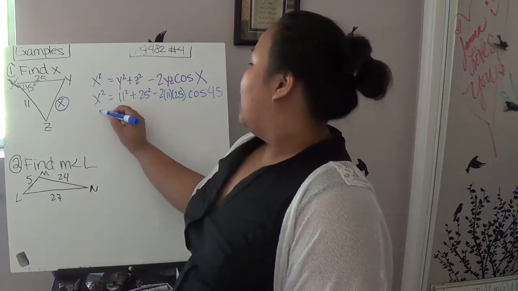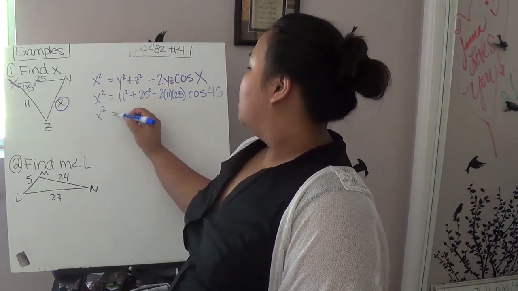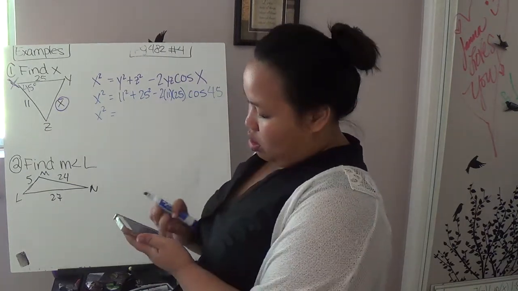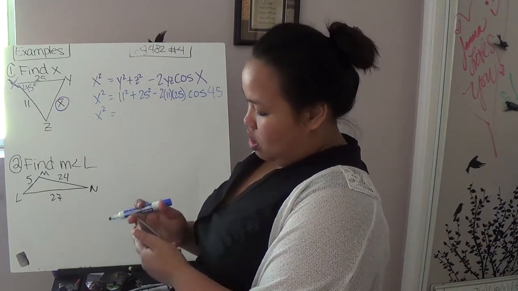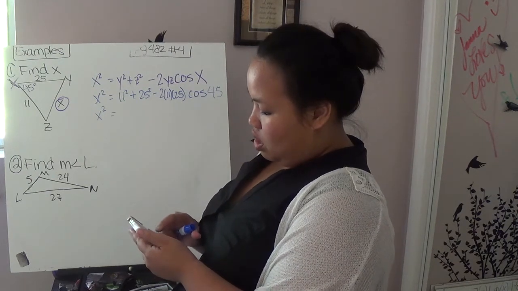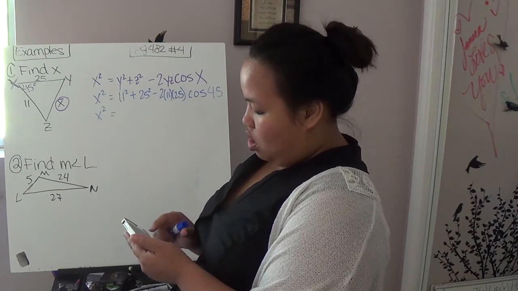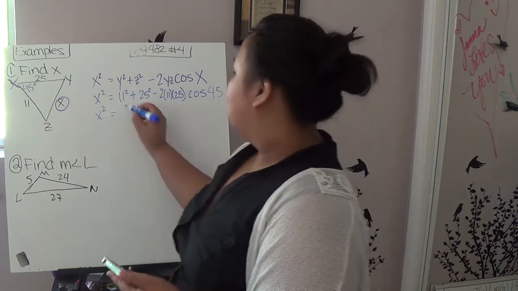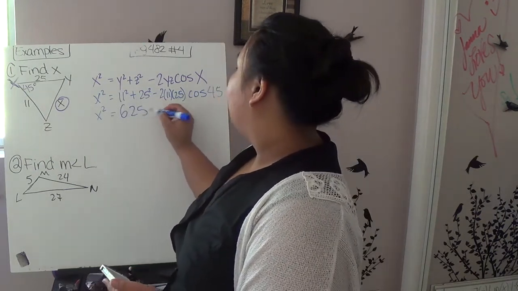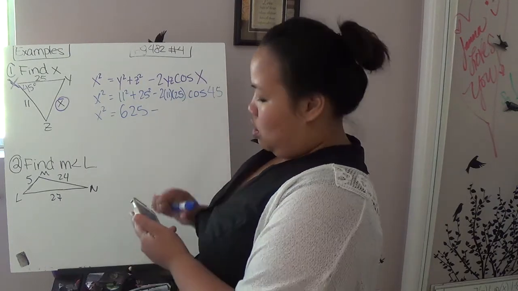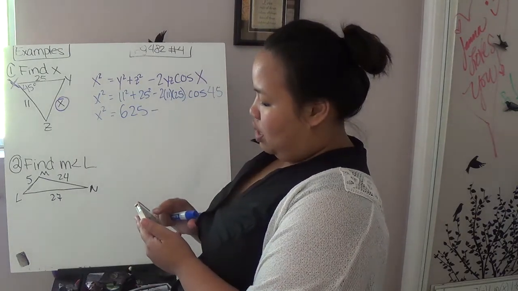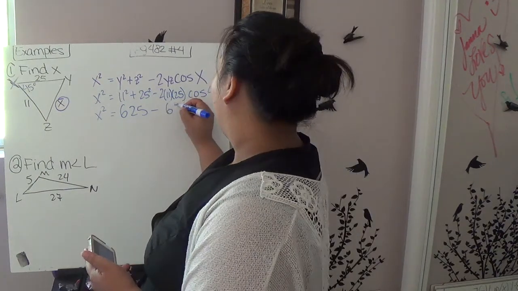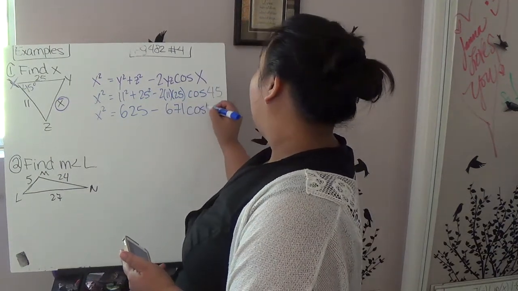So x squared in this case: 11 squared plus 25 squared is 625, minus 2 times 11 times 25 is 671 cos of 45.